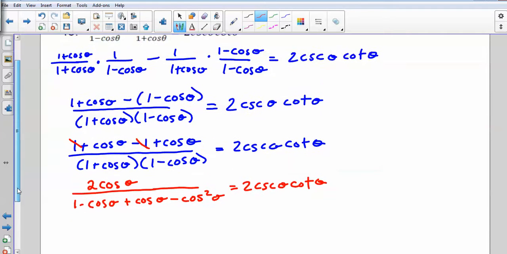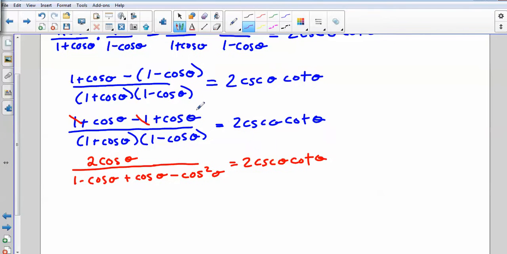Okay. So now cosine theta and negative cosine theta cancel out, and I have 2 cosine theta over 1 minus cosine squared theta. So again, I have this cosine squared in my denominator, and I want to use a Pythagorean substitution here.